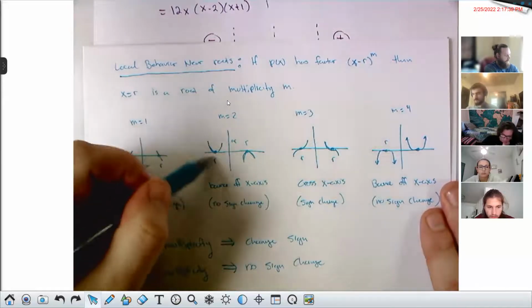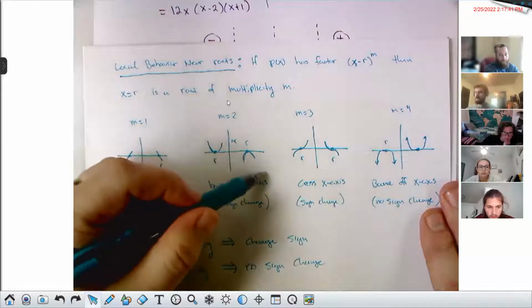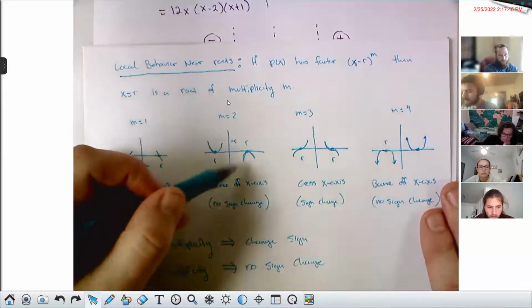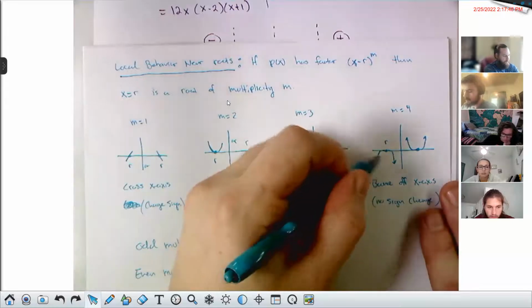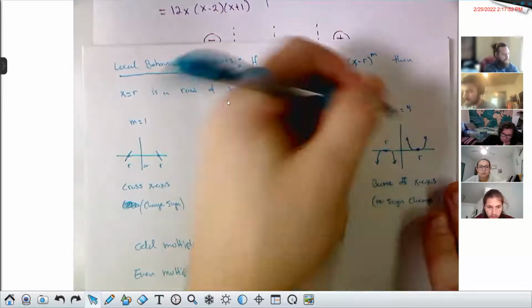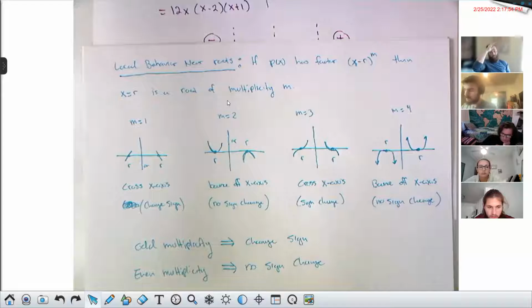Either you're going to go from positive to positive or from negative to negative, but there's no sign change as you go through the root.